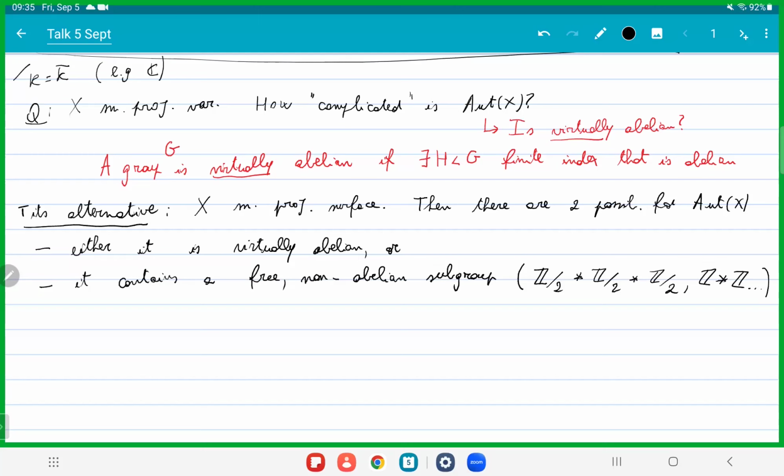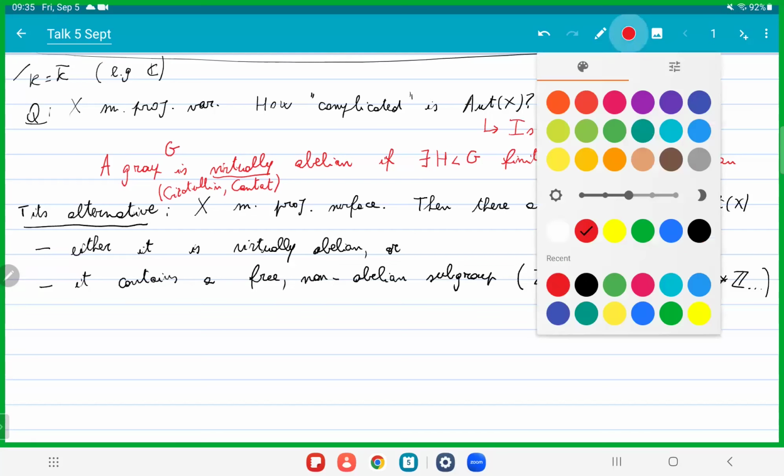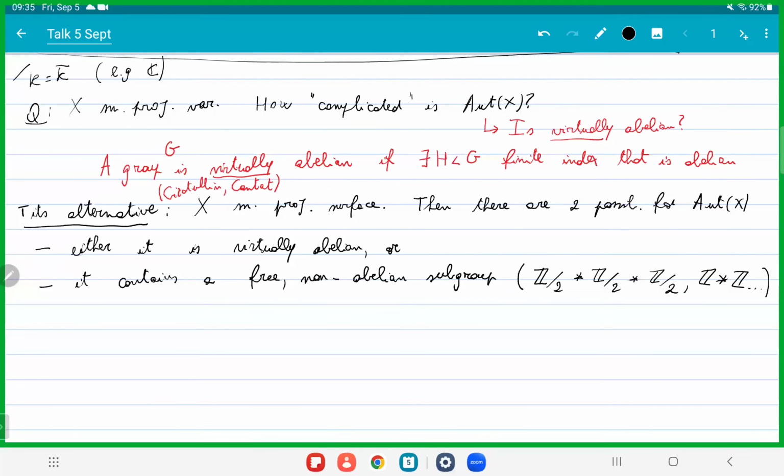And this is a great result because, in this form, I think it was proved by Gizatullin and Cantat. It gives some sort of dichotomy for automorphism groups of arbitrary smooth projective surfaces.